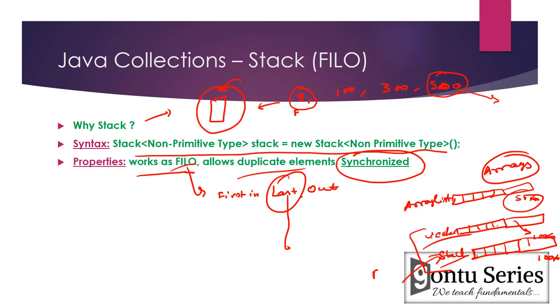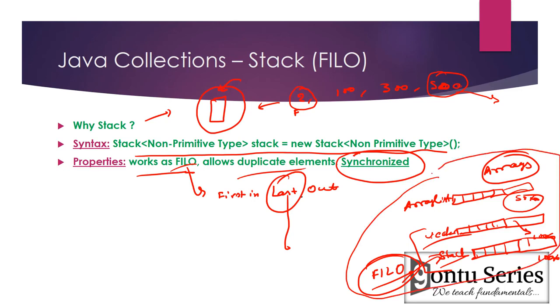It works on the principle of first in, last out. That is the only thing you have to remember, and the rest it is a vector only. Alright, so this is what you have to understand for an array list, for a vector, and for a stack.